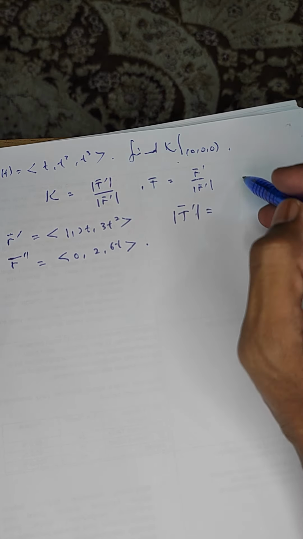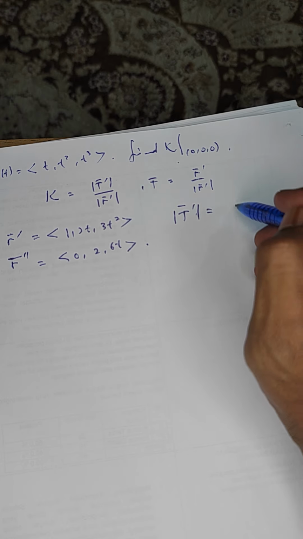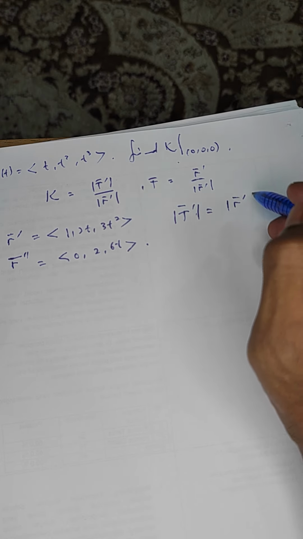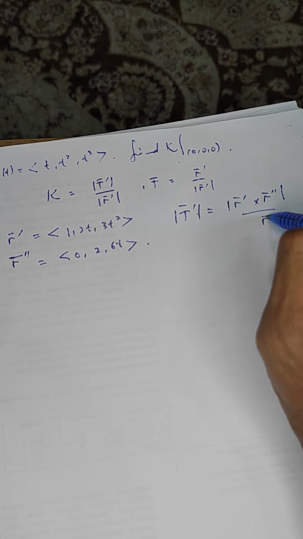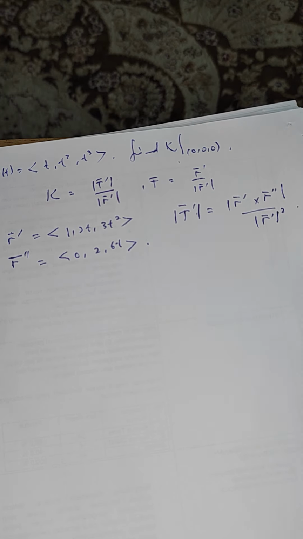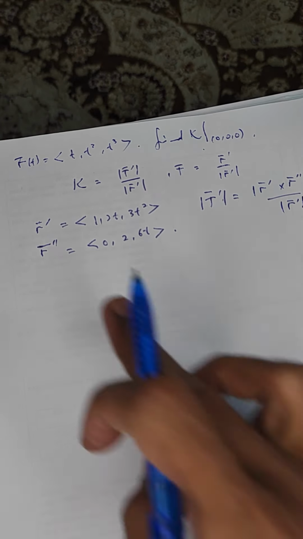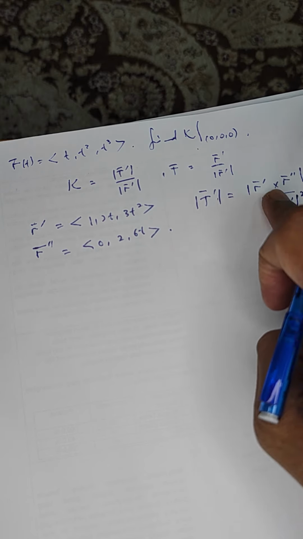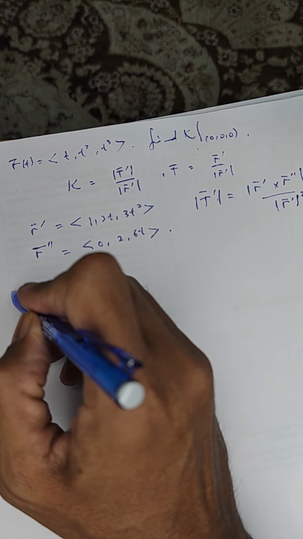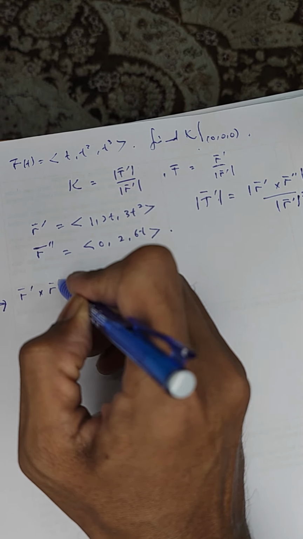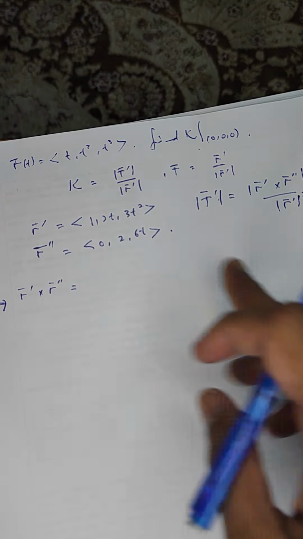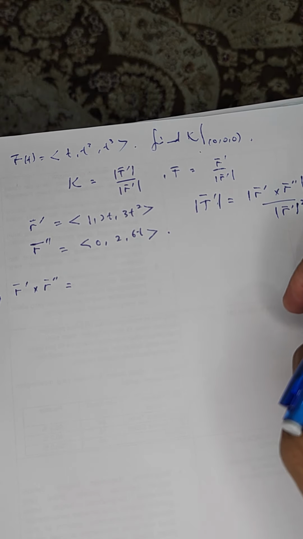This is given as r prime cross r double prime over r prime squared. Okay, so from there we need r prime cross r double prime. So r prime cross r double prime, you can find this easily. Yeah, and we take the magnitude.